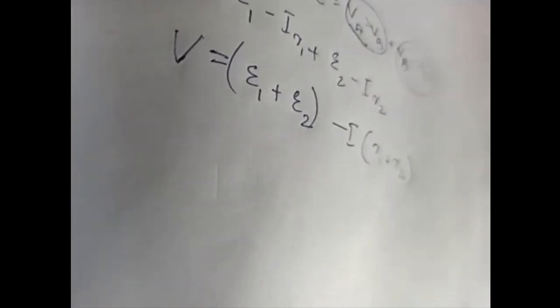So if you connect two cells in series, it is effectively like connecting a single cell of equivalent EMF as well as resistance. Why do we use this effective resistance and effective EMF? Otherwise the system will be very complicated.